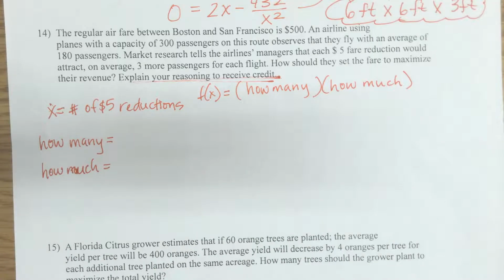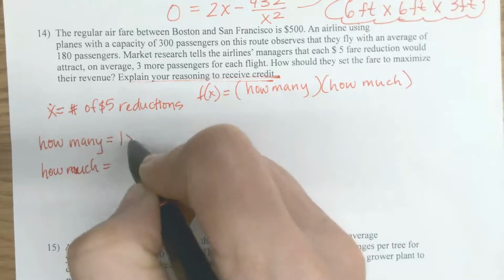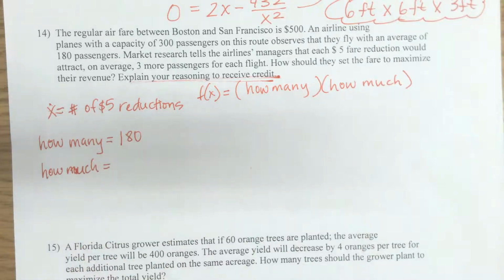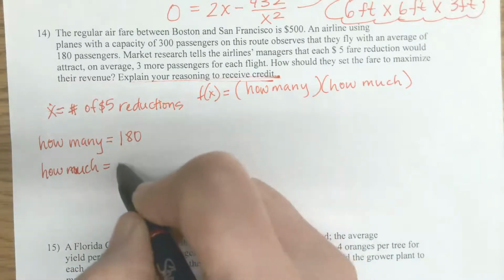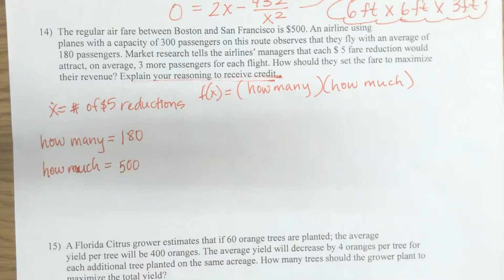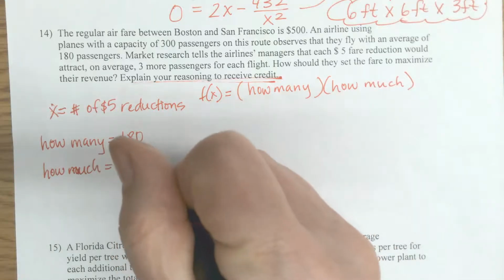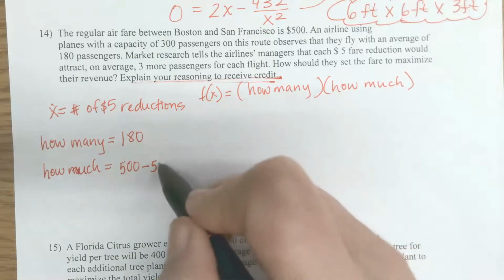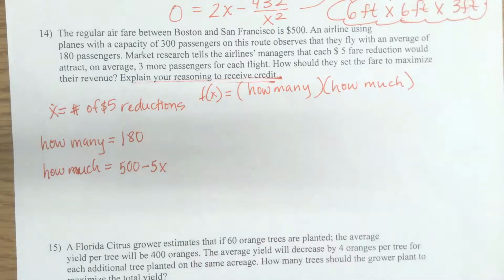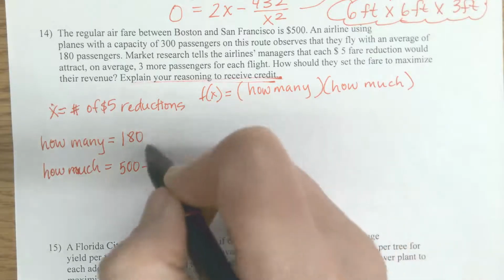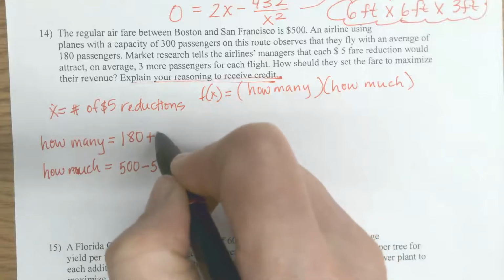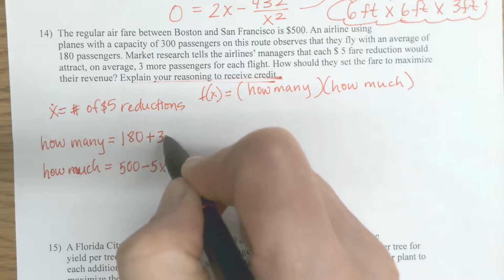They're always going to give you a setup at first. Right now, they average 180 people, and they charge $500. However, if I reduce it by $5 a number of times, I will increase the customers by 3 each time I make a reduction.